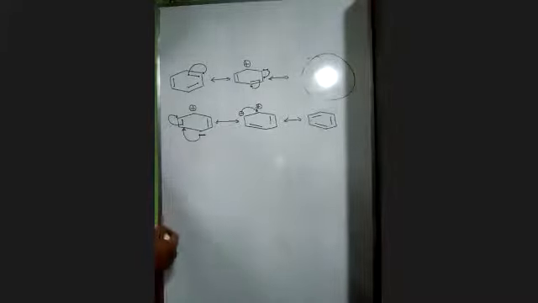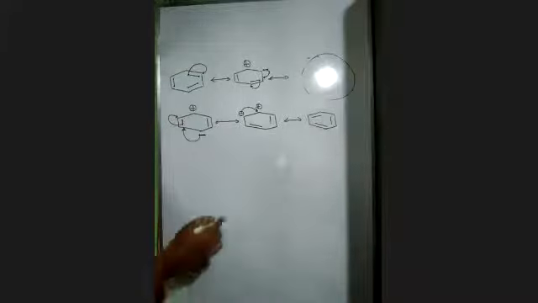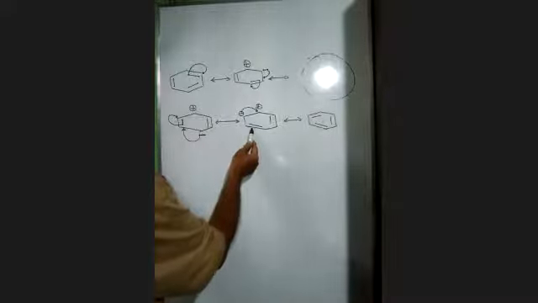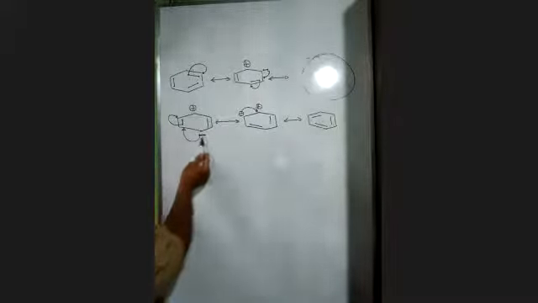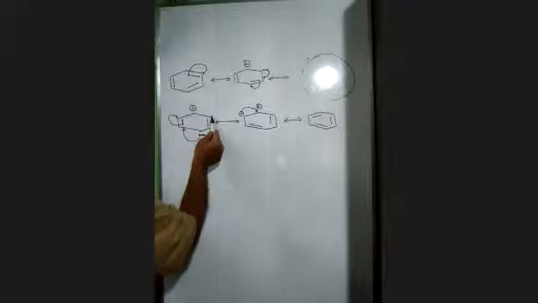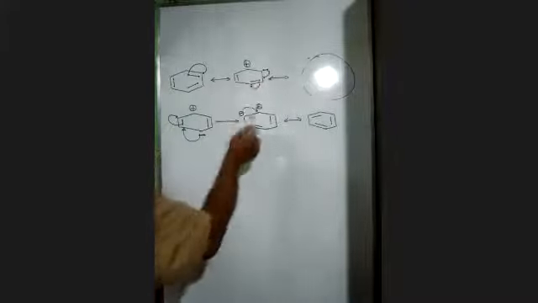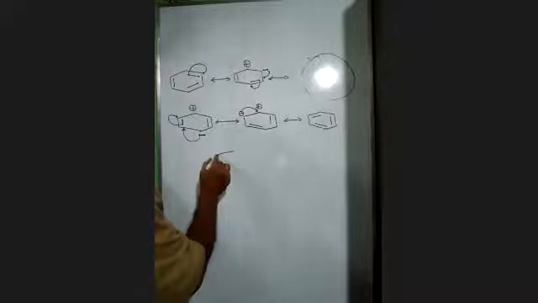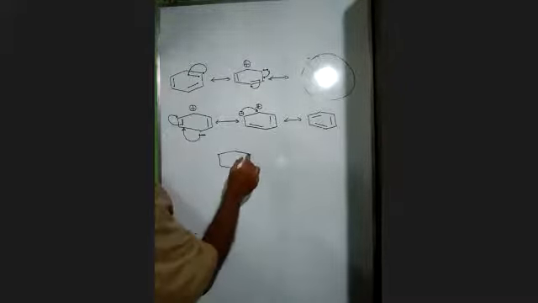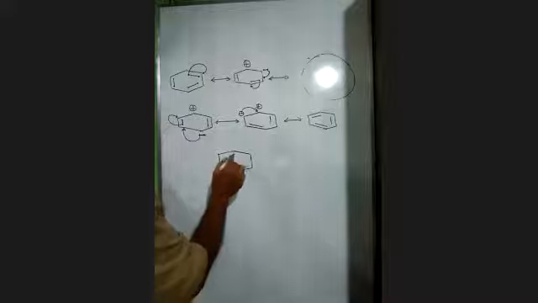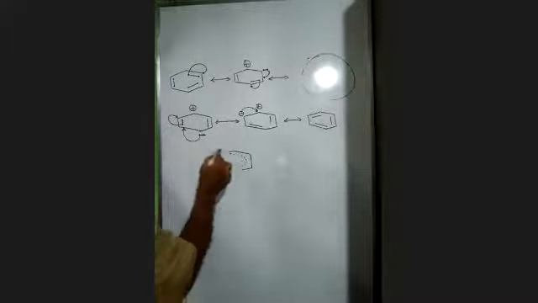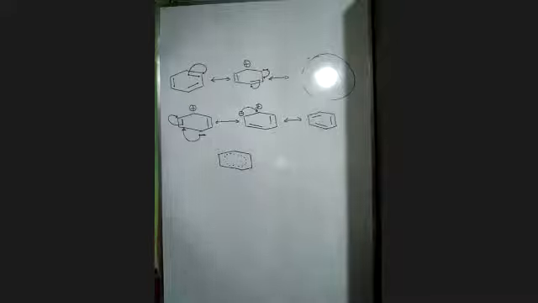See here, continuously this is moving. It's not necessary that its journey will stop here. No. Again it will come in this way and you get this structure. This will move, again this will go, and you get this structure. Because of that, we show it with a double-headed arrow. Ultimately, we show this type of current of electrons going inside the benzene ring.